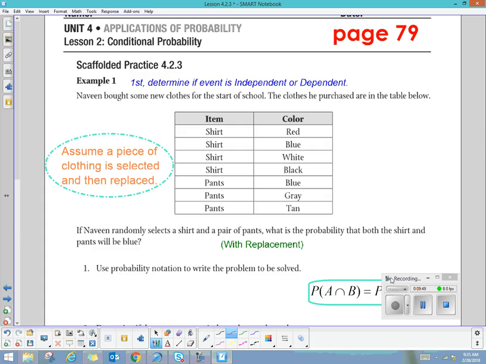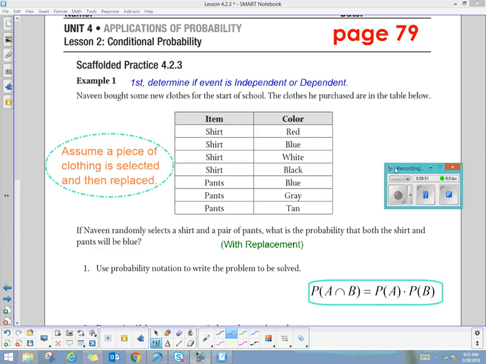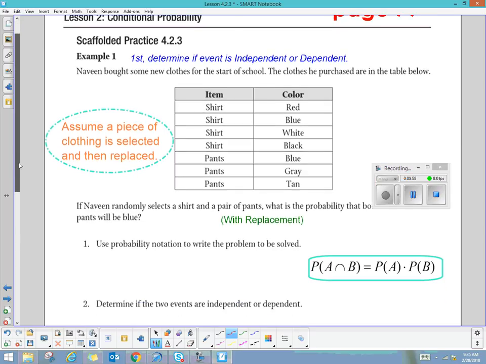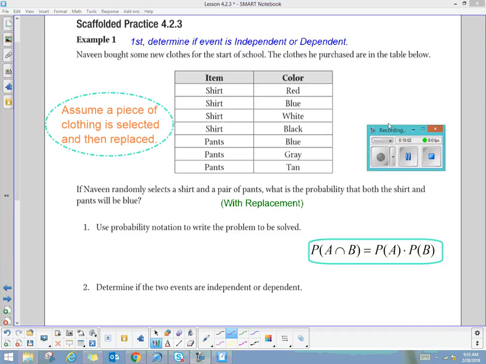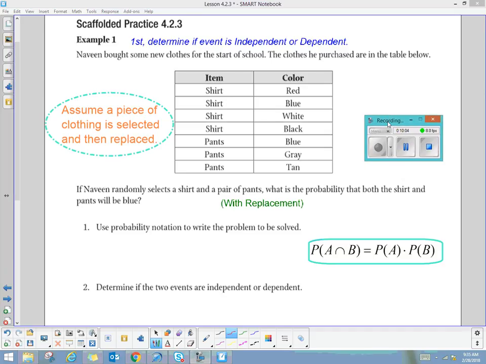All right, so going to page 79, you can see we have our first example. The example is talking about Naveen, who bought some new clothes, some shirts and pants, and the color of each shirt and pant is indicated in the table. One thing I would like you to focus on in today's lesson is this whole idea of replacement versus without replacement.